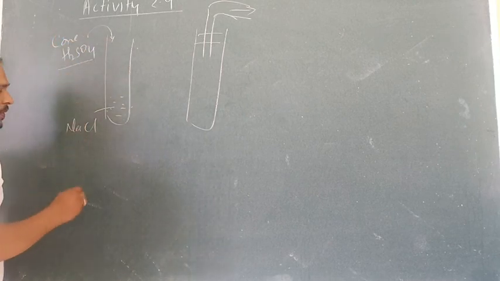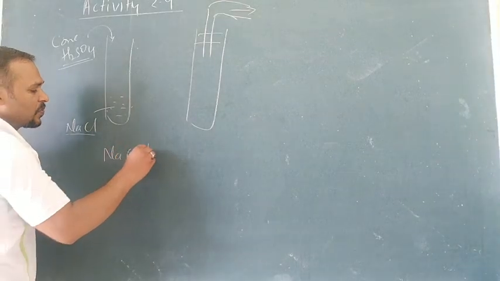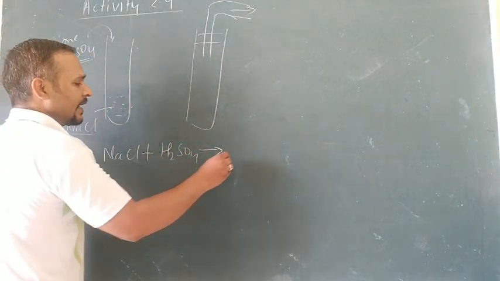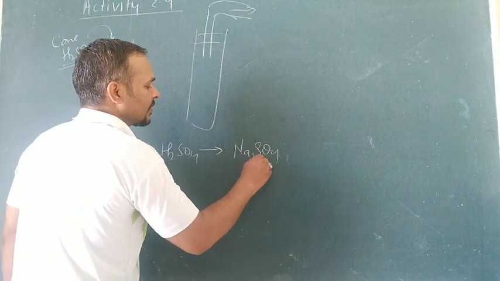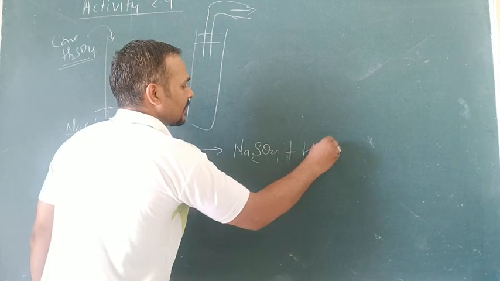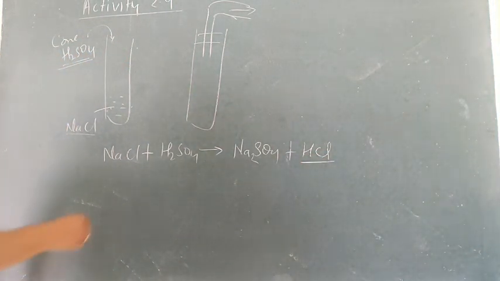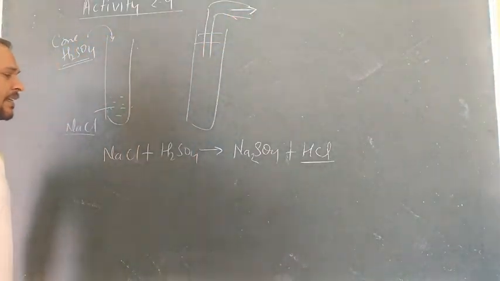So what will happen when salt reacts with acid? See, when sodium chloride reacts with concentrated sulfuric acid, it produces sodium sulfate plus HCl gas, right? That HCl gas will come out from here.